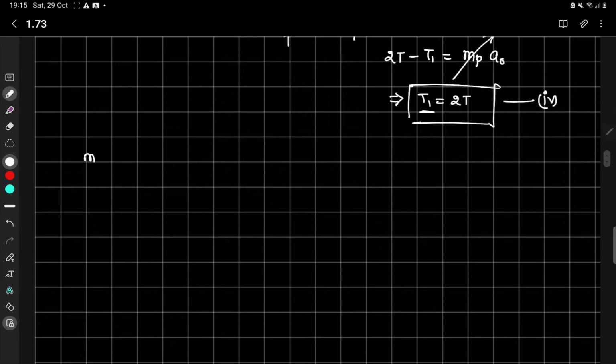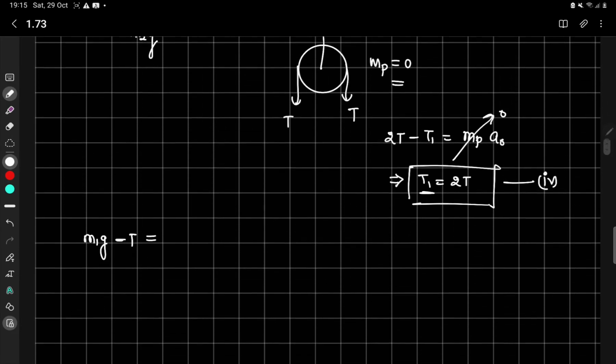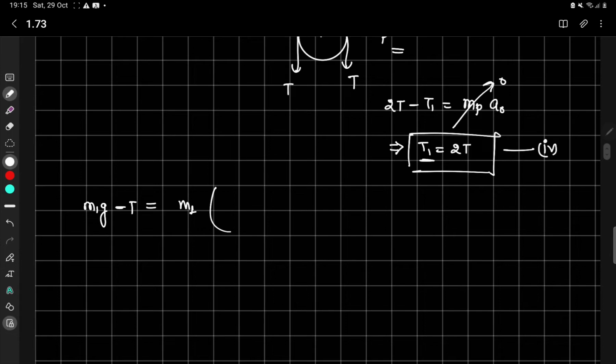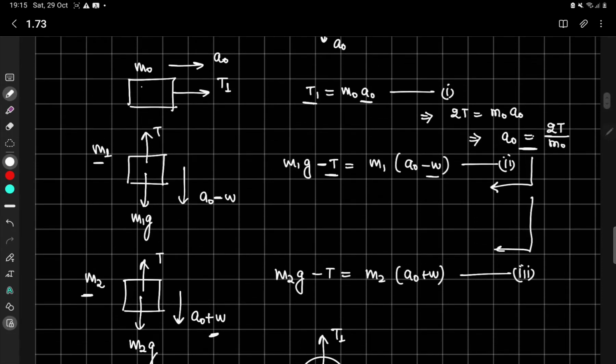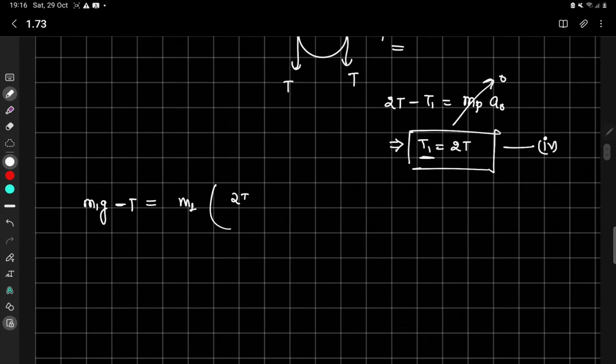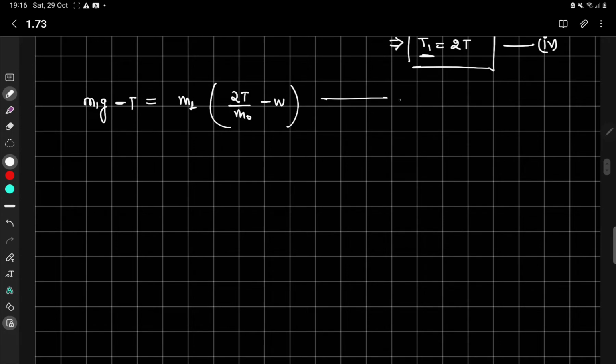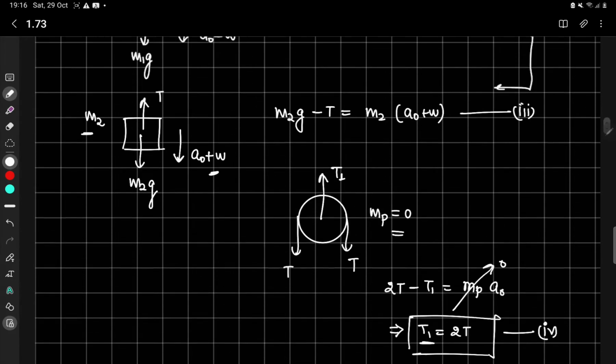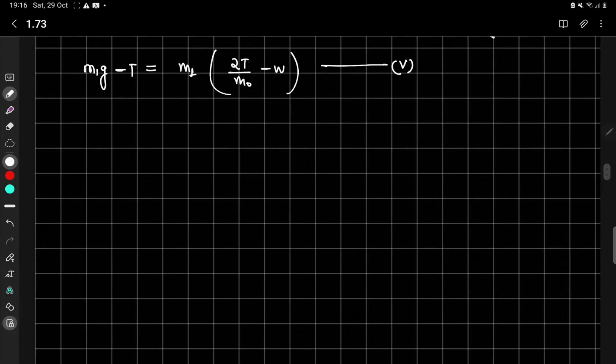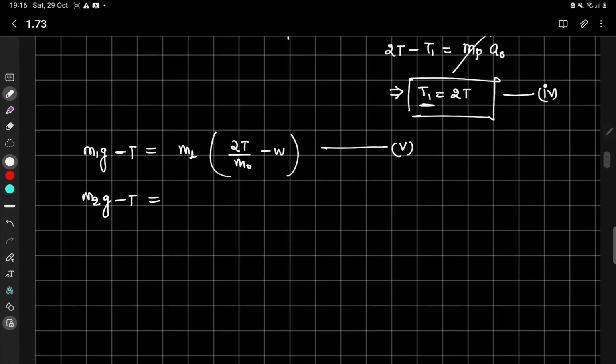So finally we can write m1g minus T is equal to m1 times (2T upon m0 minus w), and this is our fifth equation, and the third equation will become m2g minus T is equal to m2 times (2T by m0 plus w). So this is our sixth equation, let's say.